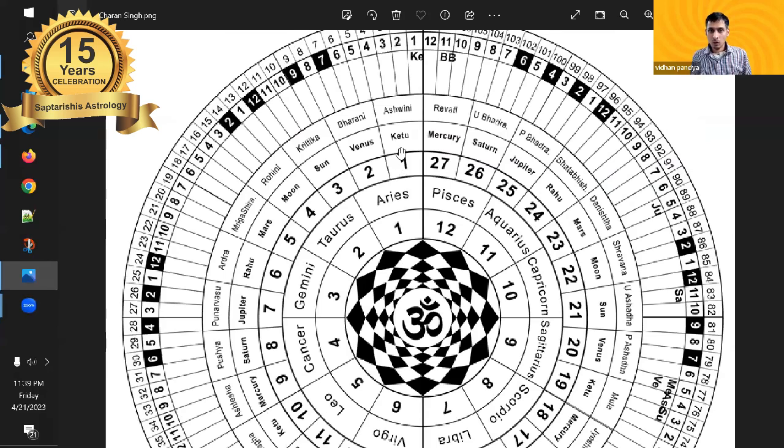The fourth circle has the lords of each nakshatra. The first nakshatra is Ashwini, whose lord as per the Vimshottari Dasha scheme is Ketu. Then the fifth circle has the names of all 27 nakshatras, Ashwini through Revati.